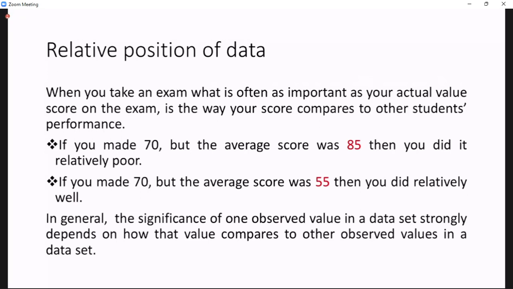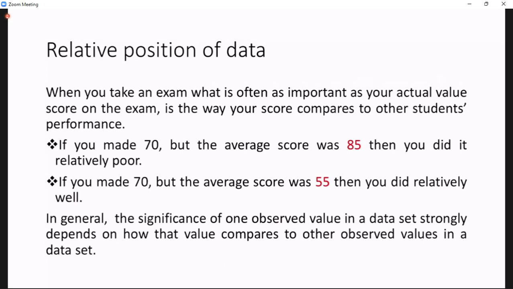Therefore, it's really important to know the position of the data set. So we call this relative position. Compared to other values, what is my position, or what is the position of a particular data element, sample element. Is that clear?